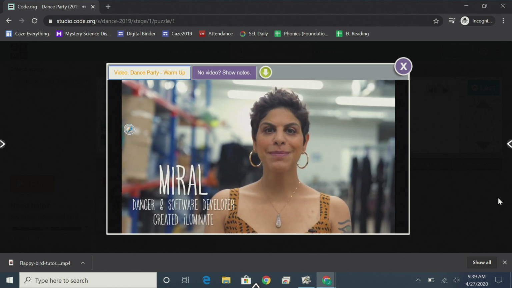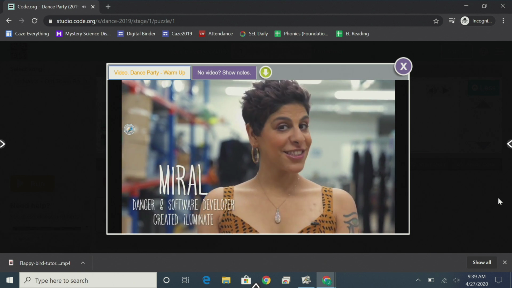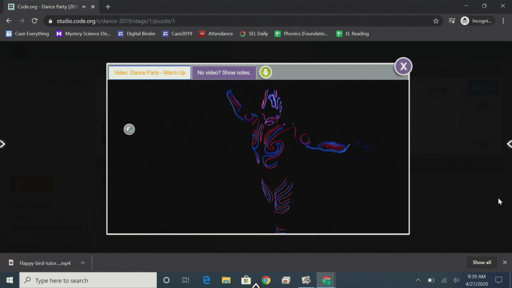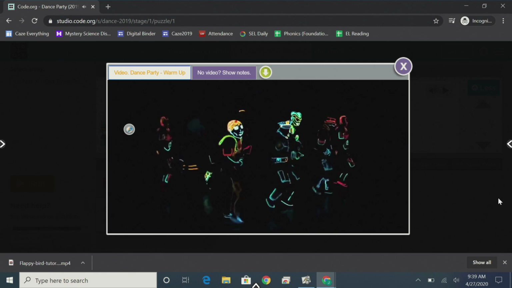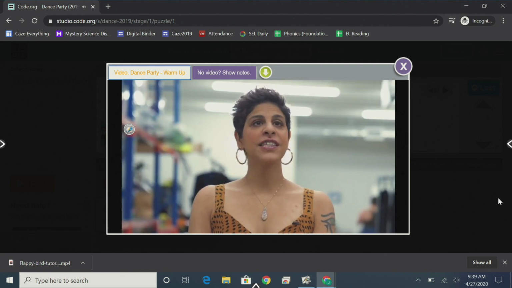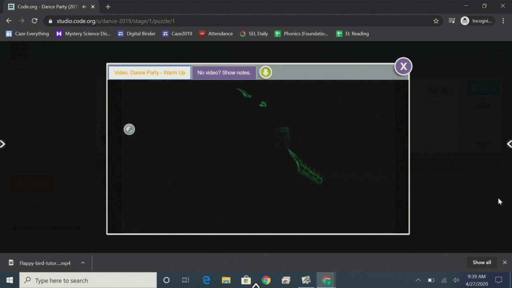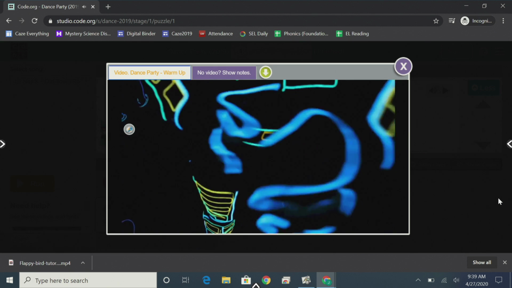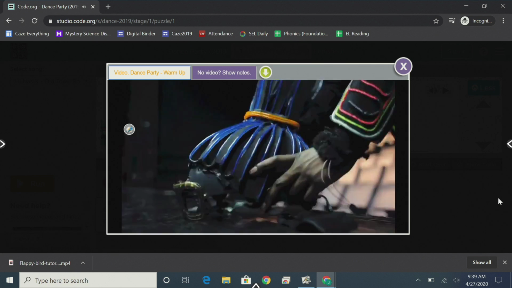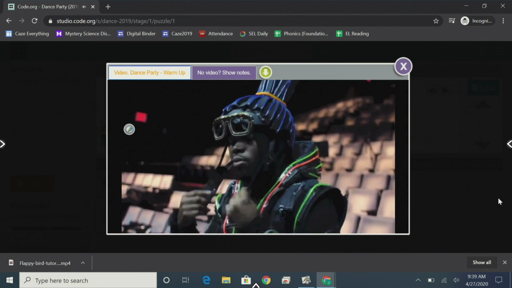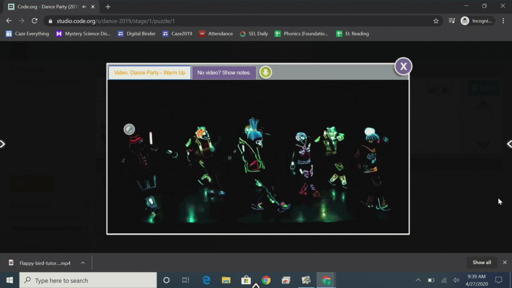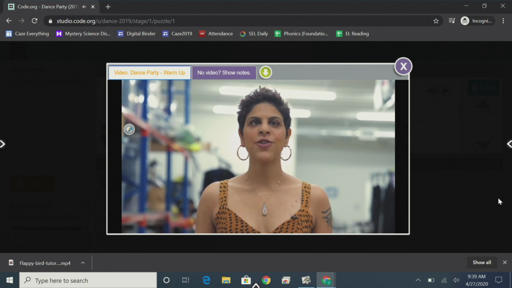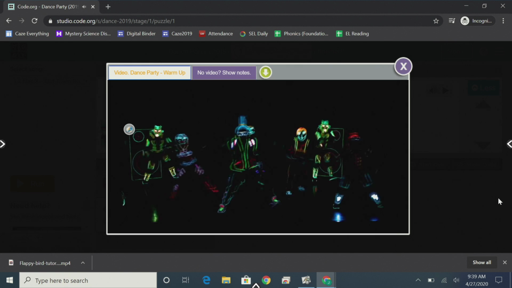Hi, my name is Miral Kadvi, and I'm a dancer, software developer, and creator of Illuminate. Computer science relates to creativity in numerous ways, immeasurable really. I mean, once you have the ability to write software, you can put ideas into anything. I do it with light suits. There's so much you can do once you have the tools to write software, and the possibilities are really endless.